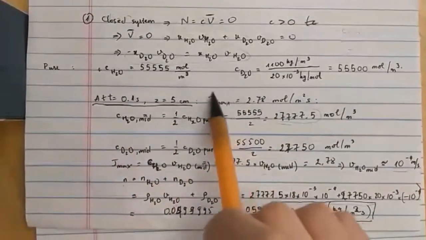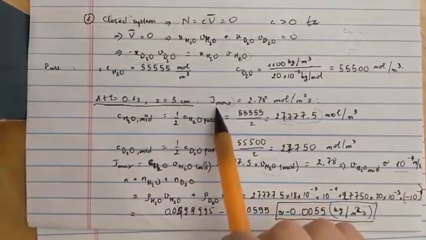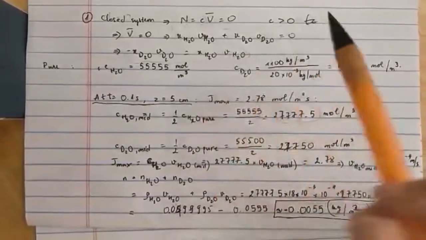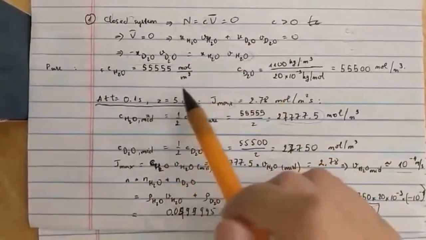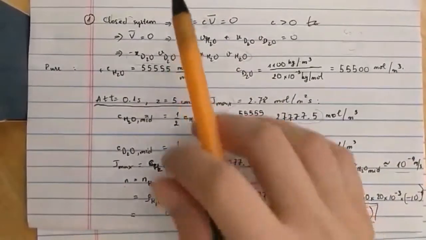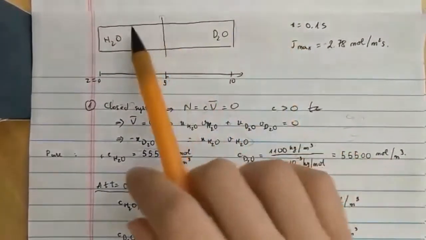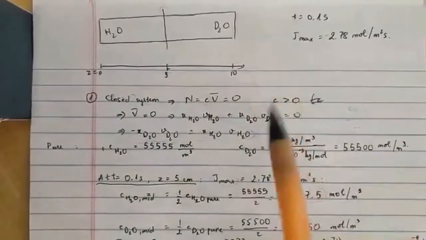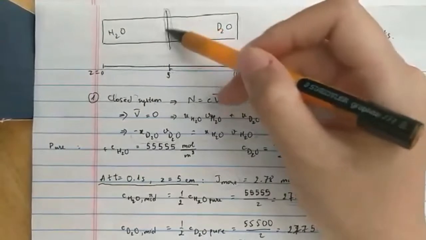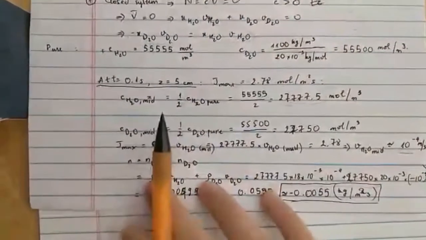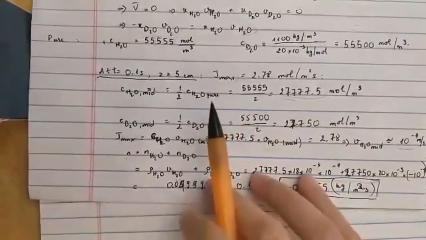the molar diffusion flux is maximum at 0.1 second. It happens at the interaction surface between the two components, so it happens at z equals 5. I can call it dz.